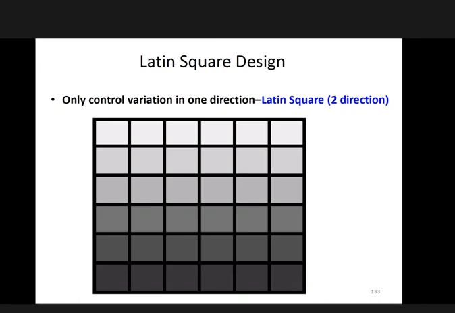A block is more similar to a cluster than to a stratum, because within a block there's supposed to be uniformity. Experimental units in a block should be uniform. No, sorry, a block and a stratum are similar.